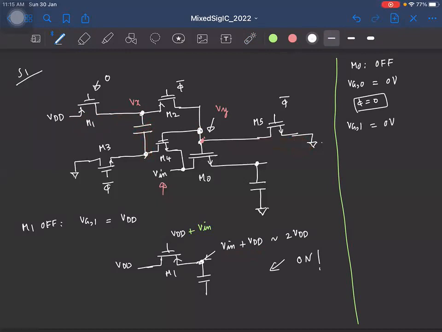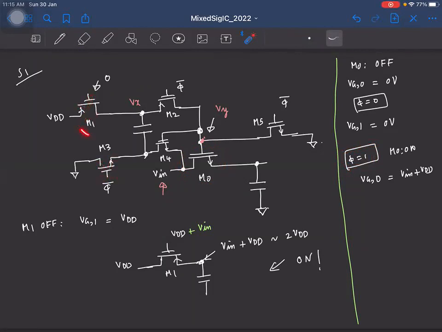Okay. And similarly, when phi equal to 1, when we want M0 to be on, we want the gate voltage of M0 to be Vin plus VDD, right? And when this transistor M0 is on, that is when phi equal to 1, we want these two transistors to be off, right?